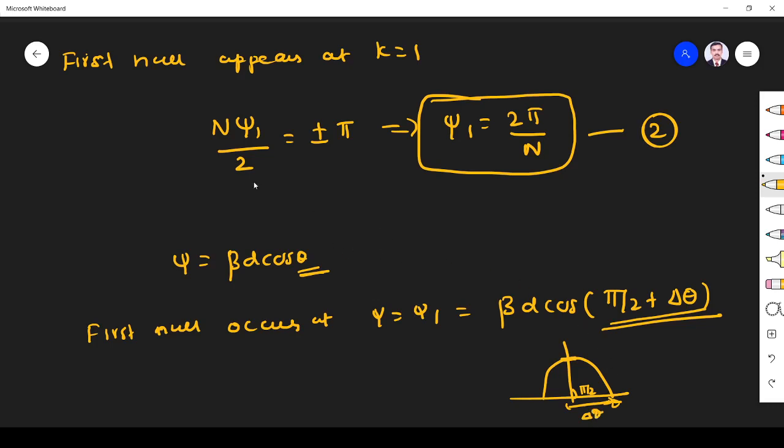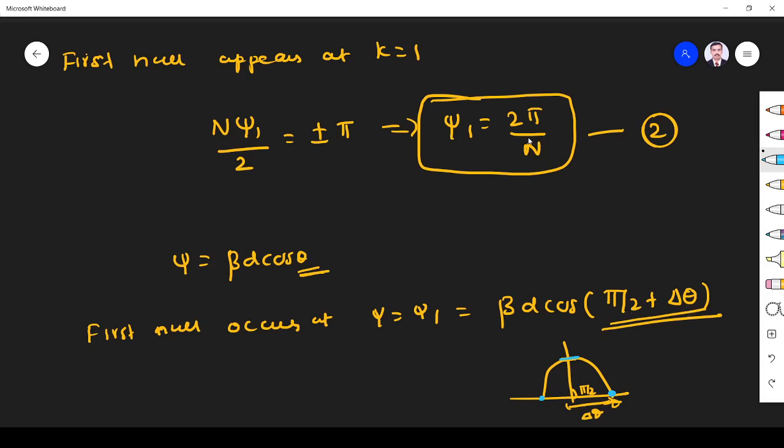If maximum radiation occurs at pi by 2, the null occurs at pi by 2 plus del theta, here or here. This is the maximum radiation, and after that we will have some null at some distance, the distance is del theta. So the first null occurs at beta d cos of pi by 2 plus del theta.